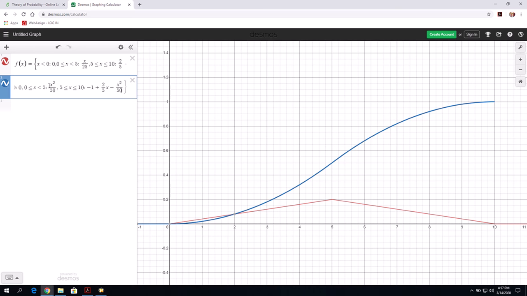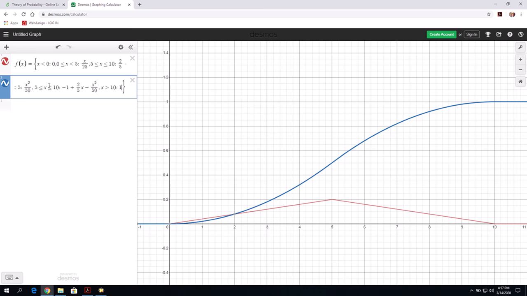And then what was going on after that? If x is bigger than 10, it was 1.